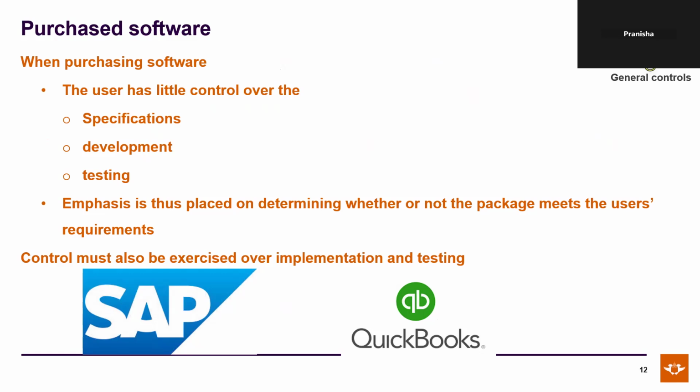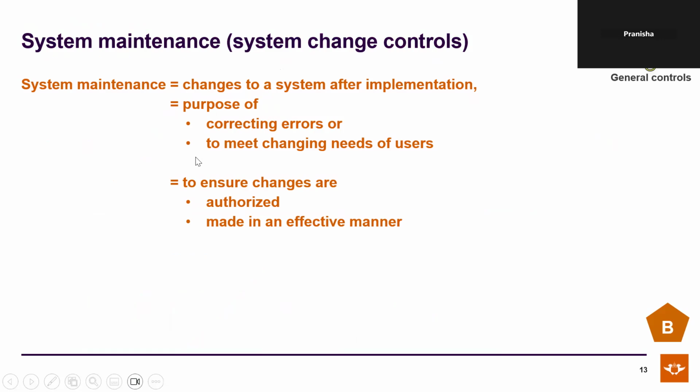Because, for example, if you're using QuickBooks, but QuickBooks doesn't have functionalities that you may require to run that particular system within your organization, then it defeats the purpose. So that is why we need to make sure that these controls are in place.